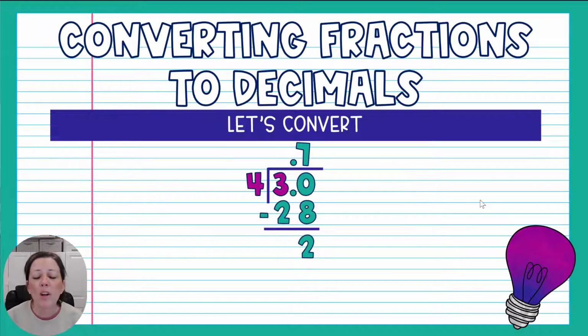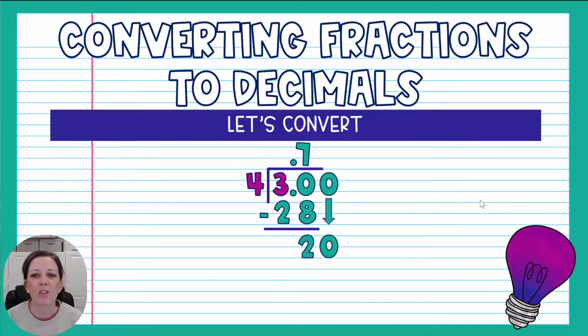4 does not go into 2, but we know I can add as many zeros after that decimal as I want, and it doesn't change the value of our 3. So I'm going to do that, and I'm going to add another 0. And then following some long division rules that we learned a few years ago, I'm going to drop that 0 down and make it 20 at the bottom. How many times will 4 go into 20? You got it.